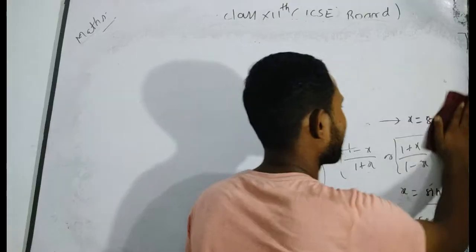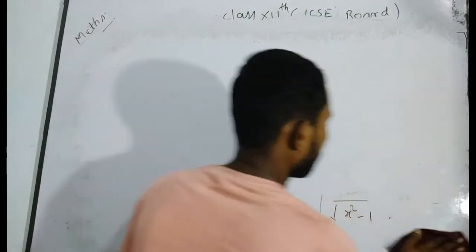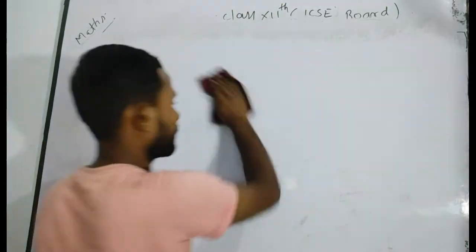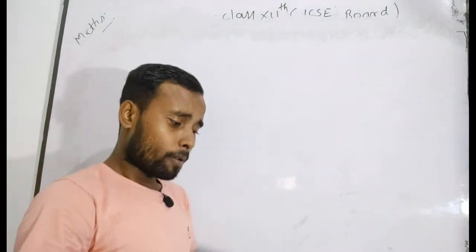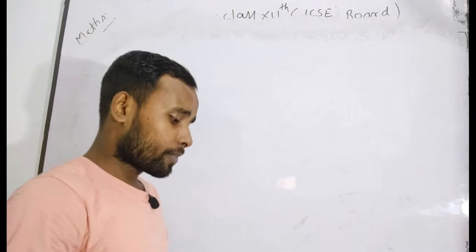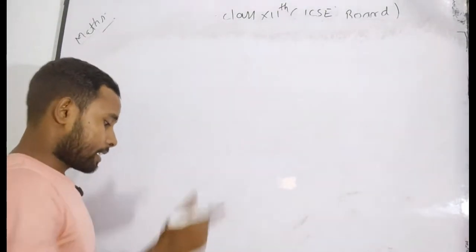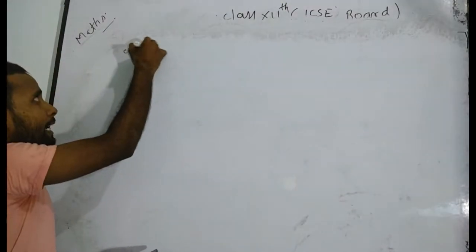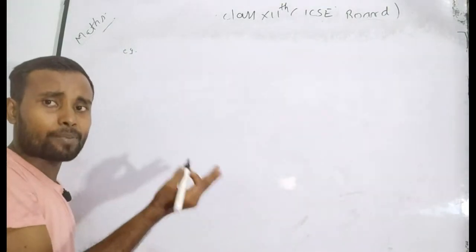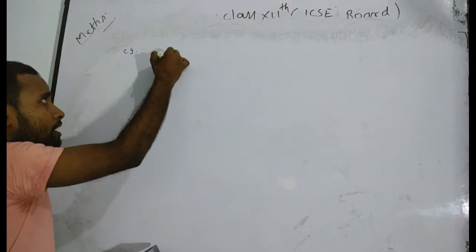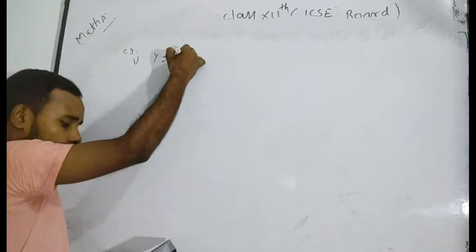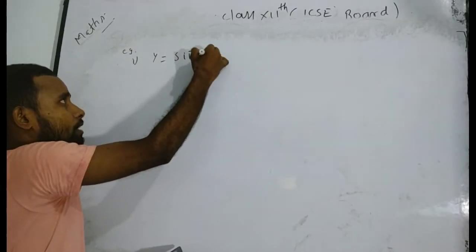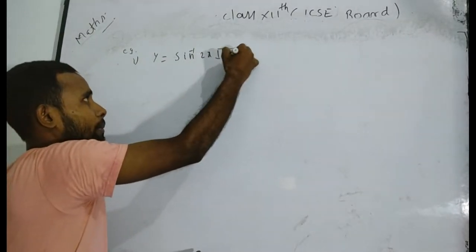Still I have written them here so that you will understand the next type of problems very easily. Now see, it has given example 18 and it has told you to differentiate the given function with respect to x. First will be y is equal to sine inverse of 2x root under 1 minus x square.